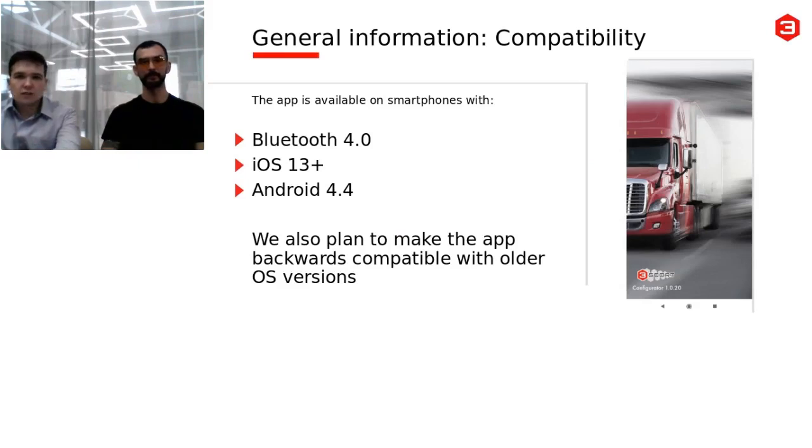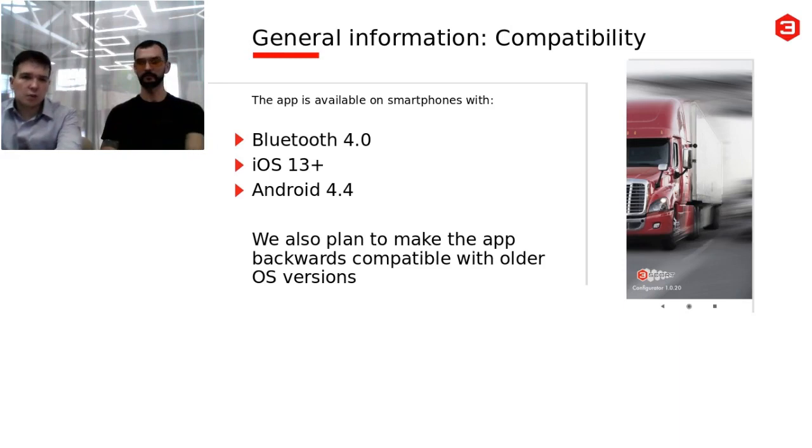The app is available on smartphones that have at least Bluetooth 4.0, but naturally Bluetooth 5.0 is backward compatible with our BLE sensors, so the app also works fine on smartphones with the newer version of Bluetooth.